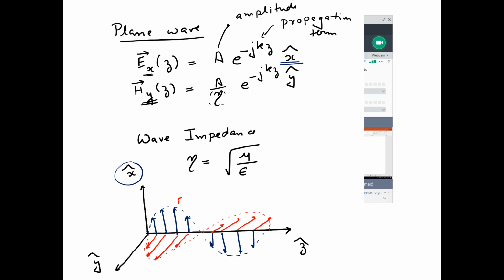But I have basically the E field here and the H field here. And then what is happening to this wave is that over time, this whole distribution is moving forward. If I was sitting here and taking snapshots, this whole distribution would move forward as a wave.